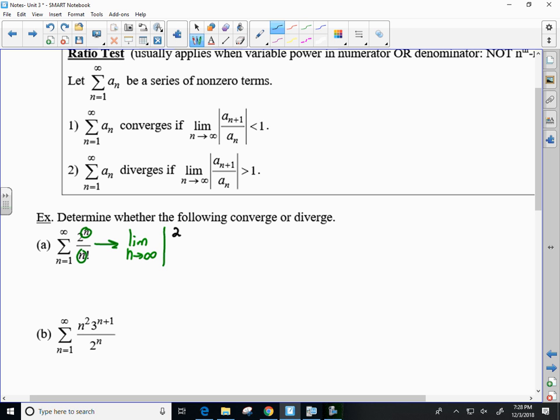So 2 to the n plus 1 over n plus 1 factorial. And then we're going to take that and divide it by the original a sub n. So 2 to the nth over n factorial.